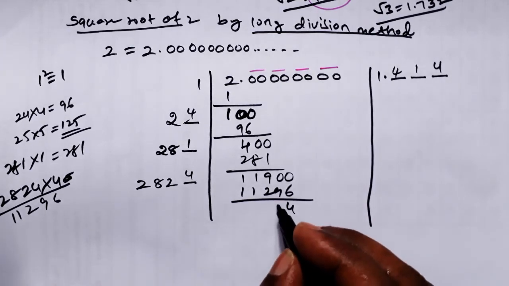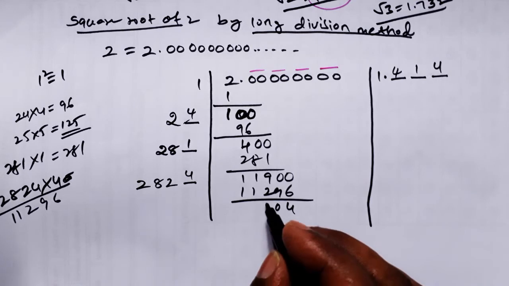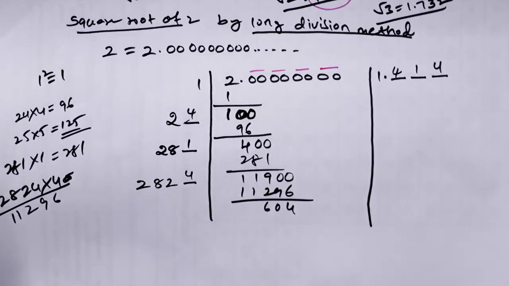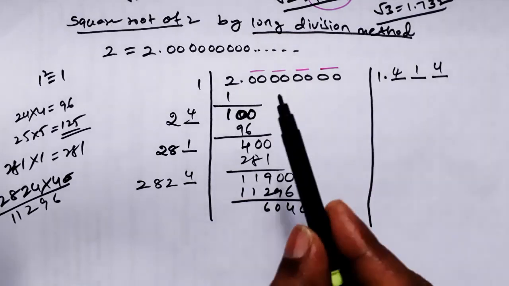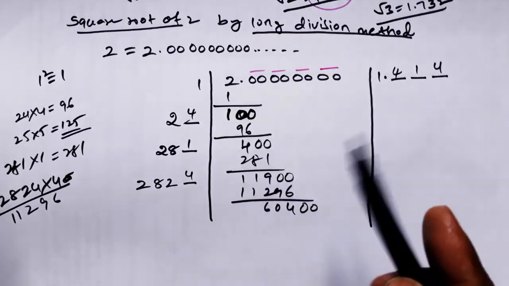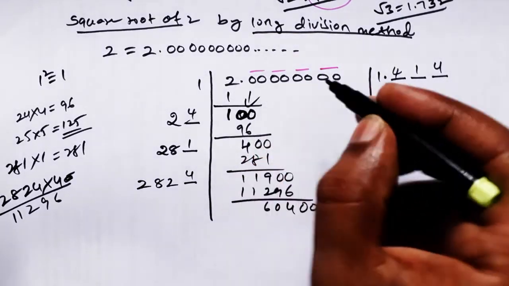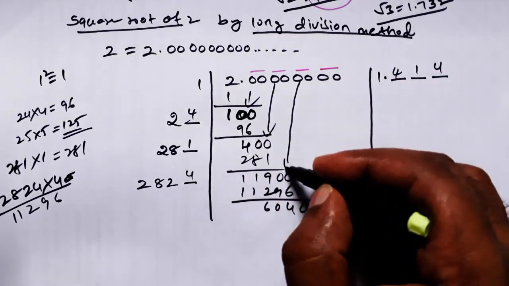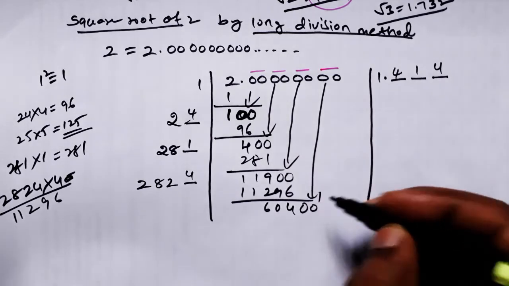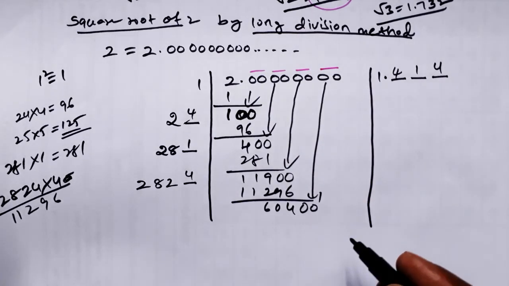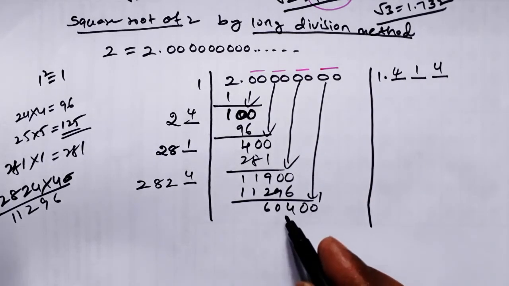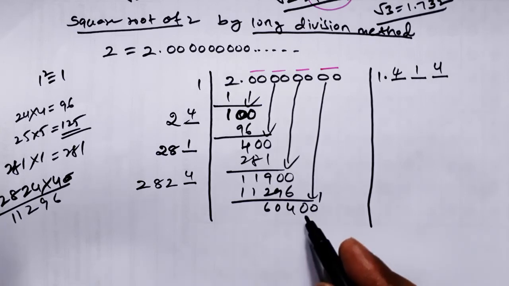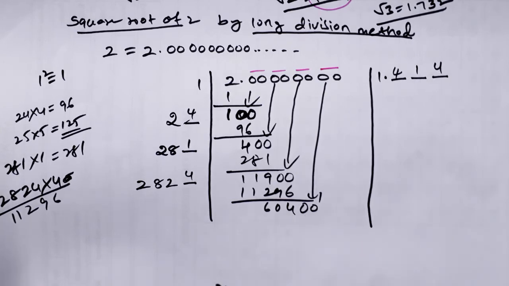We get 604. Now the last 2 zeros we carry here. So we get 60,400.